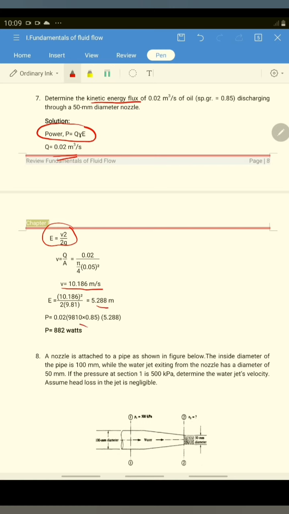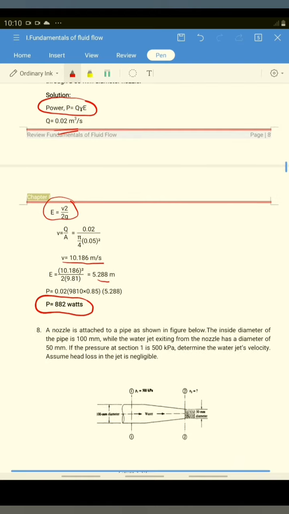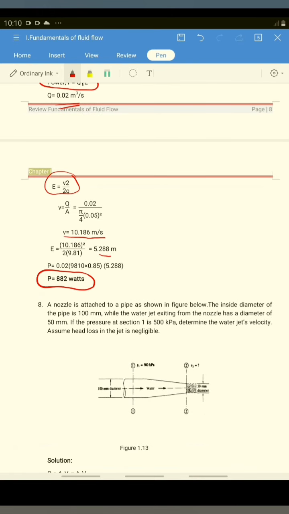So, the power now is equal to 882 watts, or you can express this in HP. You can divide it by 746 watts to make it in horsepower.